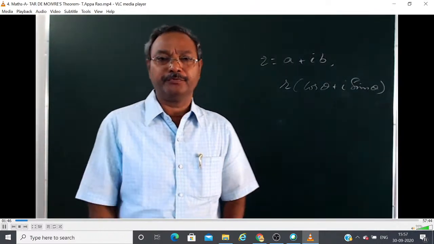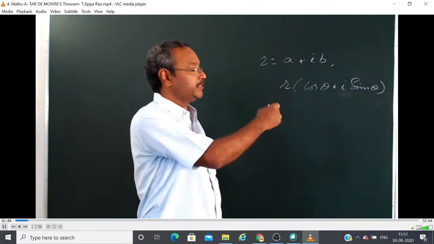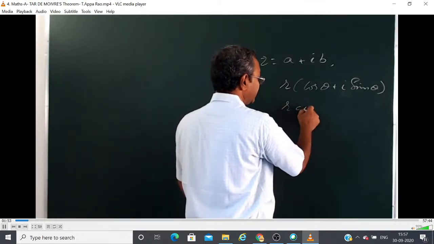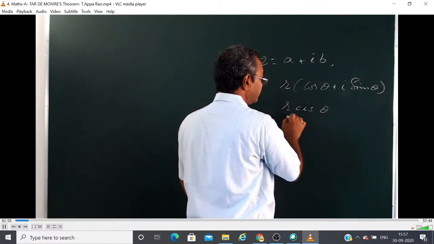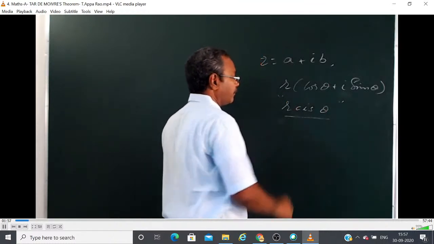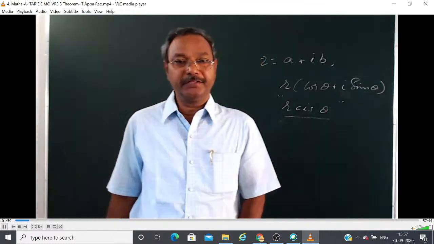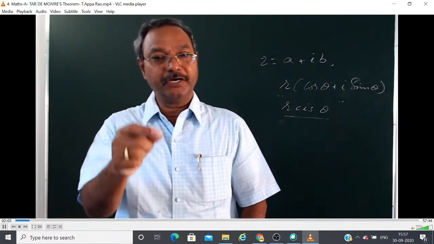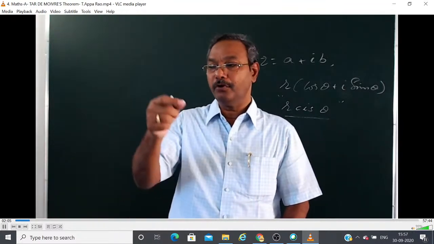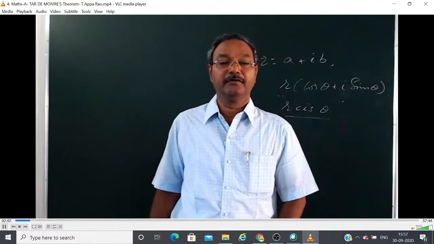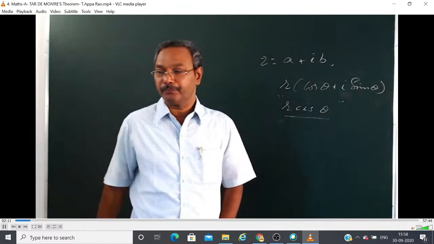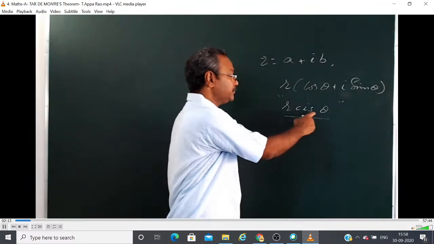In short form, we write this cos theta plus i sin theta as r cis theta. This r into cos theta plus i sin theta is actually r cos theta plus i into r sin theta. In short form, we write it as r into cis theta.